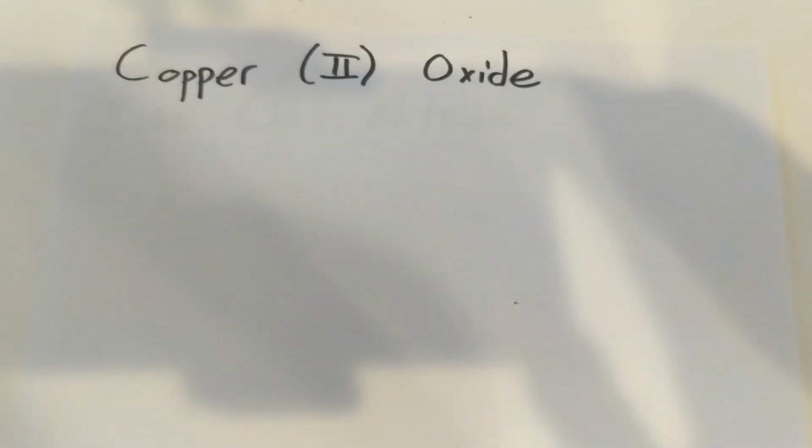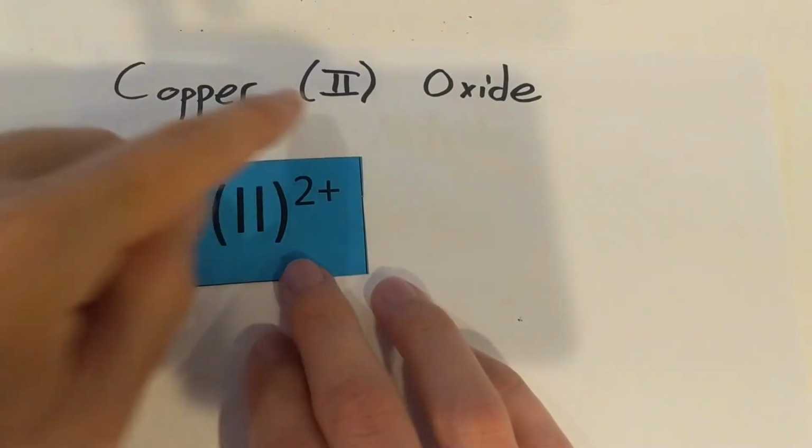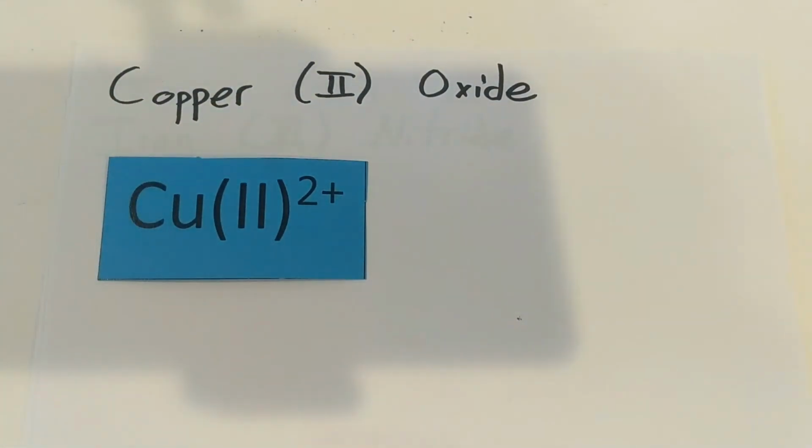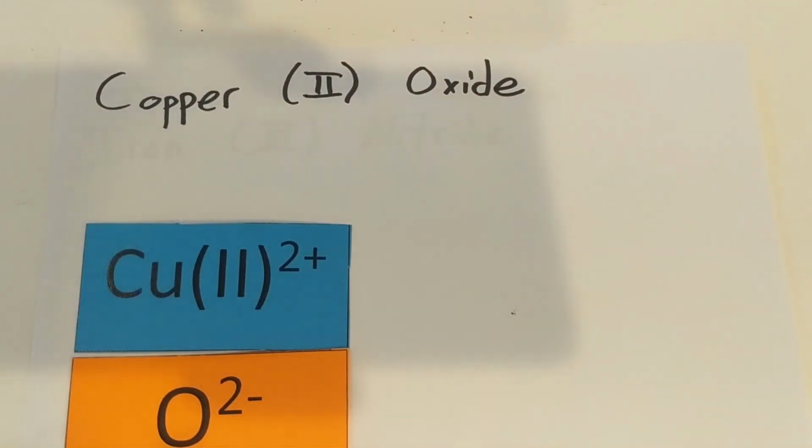All right, so let's do another example with a transition metal. We got copper 2 oxide, so something very similar, but this tells us our charge. So we could have copper there, oxide here. Oh, let me make sure I write my charges out here.